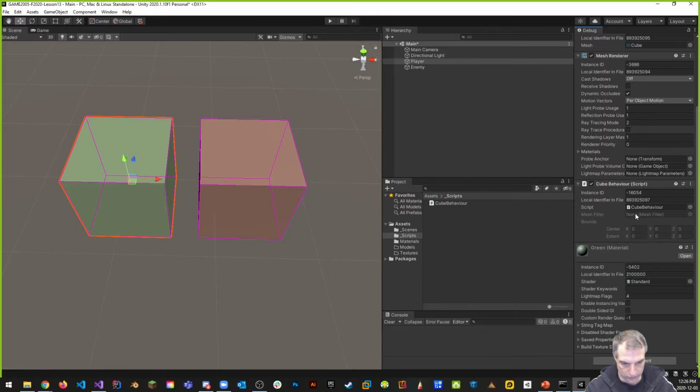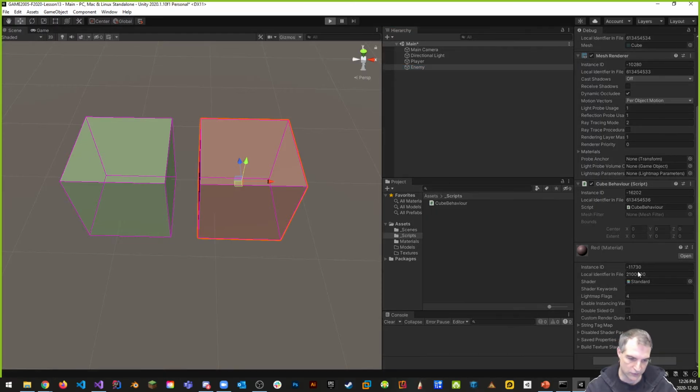All right, so if I go to cube behavior, you can see that bounds and mesh filter are now there. Bounds is kind of an interesting thing to show though, right? Because look, it shows the center, 0, 0, 0, and the extent. And the same thing goes with my enemy: center 0, 0, 0, and the extent is 0, 0, 0. When I run it, I can see those live.